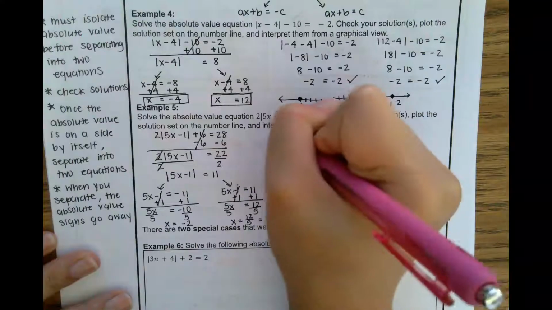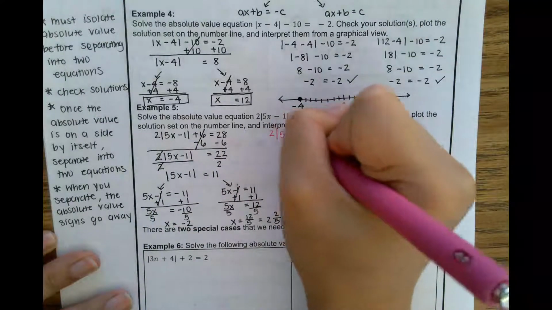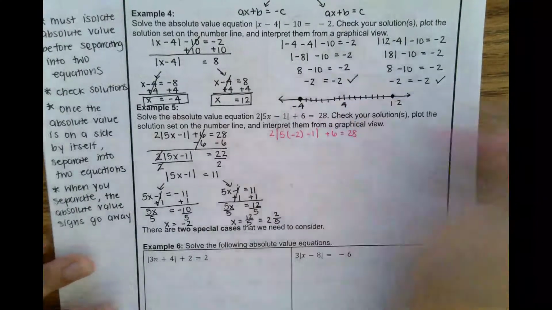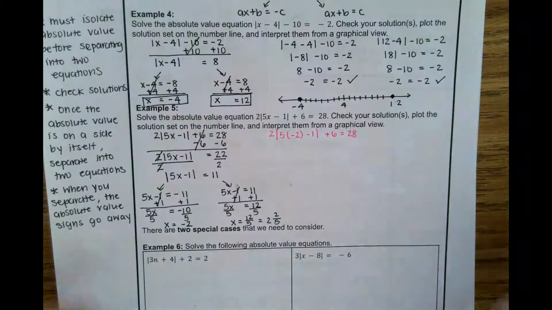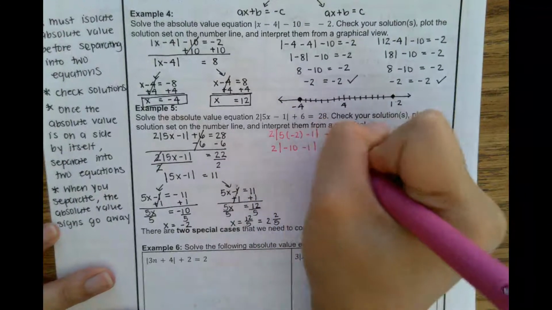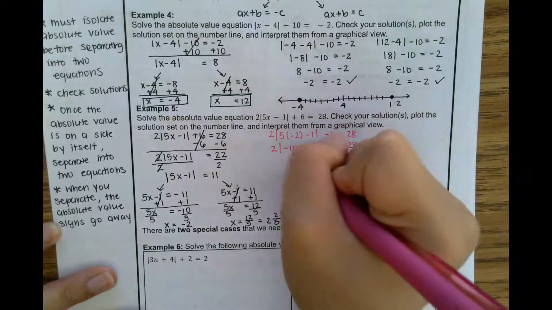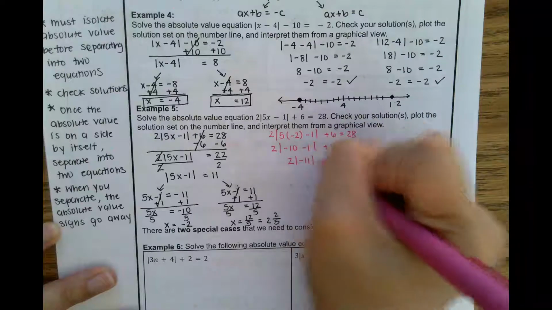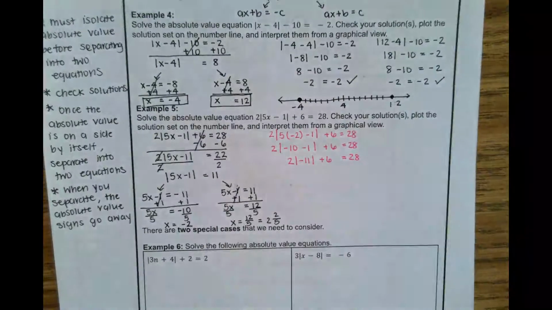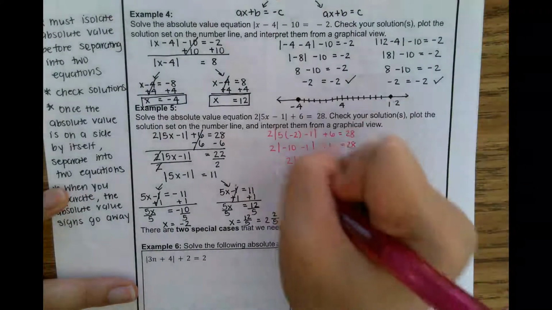So 2 times the absolute value of 5, instead of x, I'm going to write my solution of negative 2, minus 1, plus 6 equals 28. Then I solve. 5 times negative 2 is negative 10. Negative 10 minus 1 is negative 11. Note that whatever I'm not touching, I'm leaving inside. The absolute value of negative 11 is positive 11.